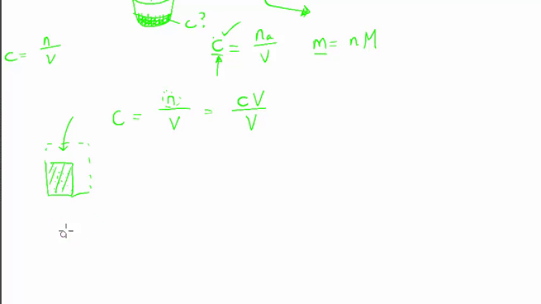So for example, let's say my concentration was 2 mole per cubic decimeter. That means for every cubic decimeter, let's assume 2 moles meant I had 2 balls in it. So in this space, this is 1 cubic decimeter, I have 2 balls in here.